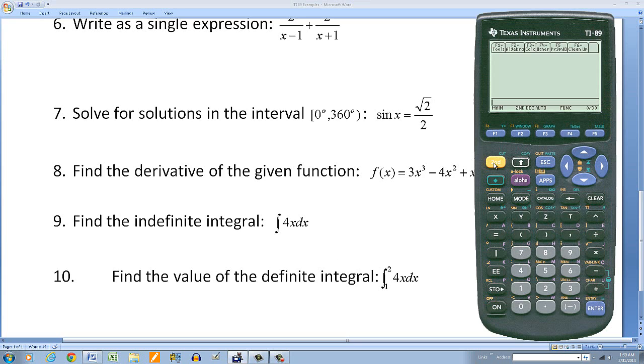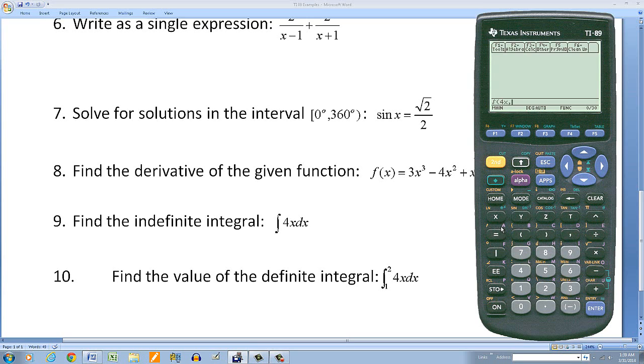And it's going to be the same menu. So go to calculus. Again, it's the same thing, number 2. So again, I want the definite integral from 1 to 2 of 4x. So this is basically the same as the last one. Everything's going to be the same for the most part.